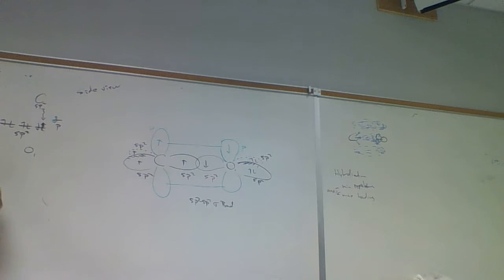Oops, I didn't want to erase this yet, because this oxygen 1 bonds in two places. And so oxygen 1 has an sp2 sigma, and it has a pp pi. And so here we can see this oxygen bonds in two places, the sp2 bond and the p bond.